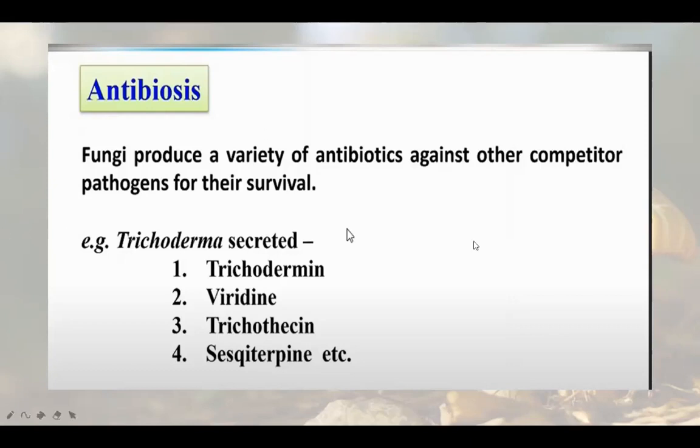For example, Trichoderma secretes trichodermin, viridin, trichothecin, and sesquiterpene. These are chemical compounds produced by Trichoderma to inhibit the partner with which it is competing.